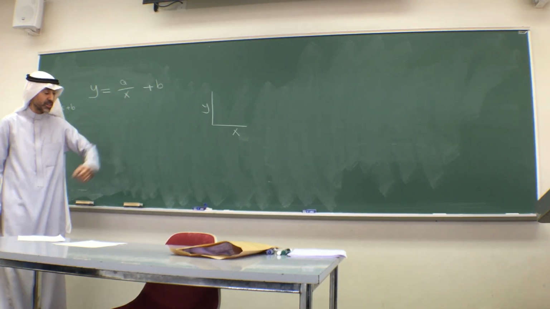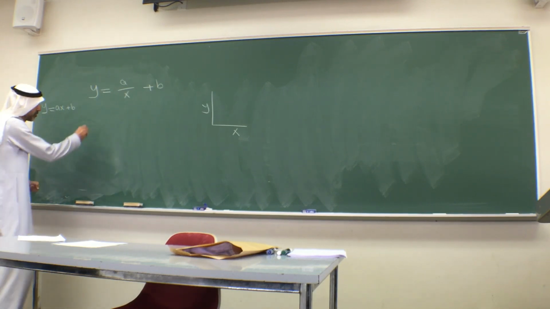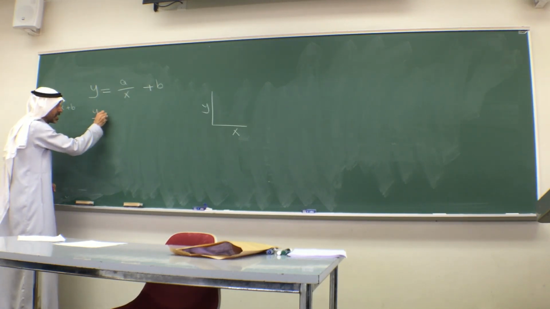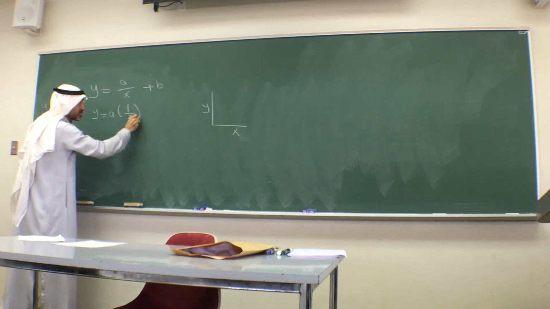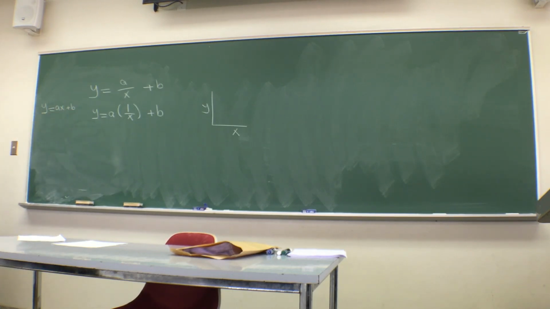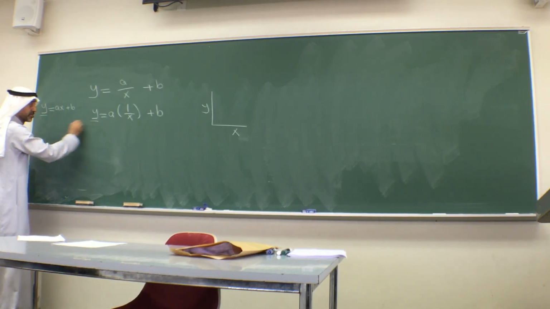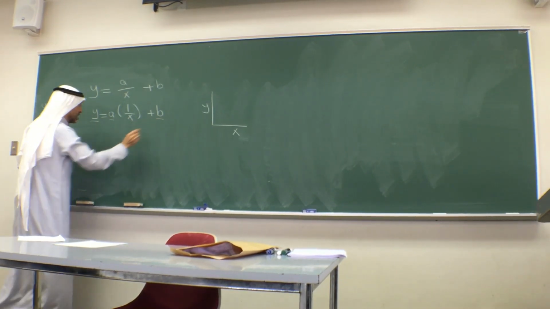This is not the equation of a straight line, Y versus X. But if I do something like this, Y equals A times 1 over X plus B. Compare this to this. Y is the same, A is the same, B is the same.